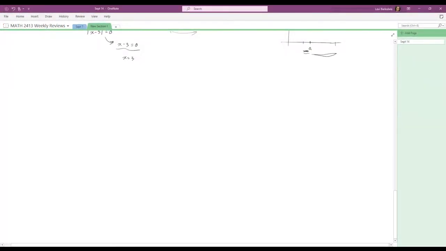Perfect. Okay, so let's do a nonlinear example just to see what it would look like when we maybe have to split the function.